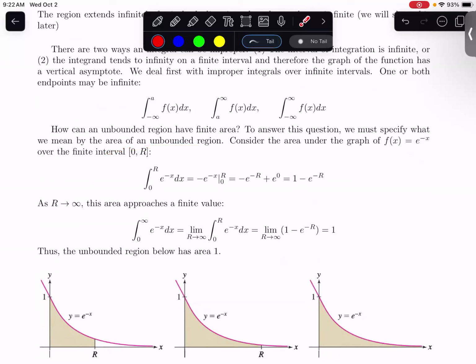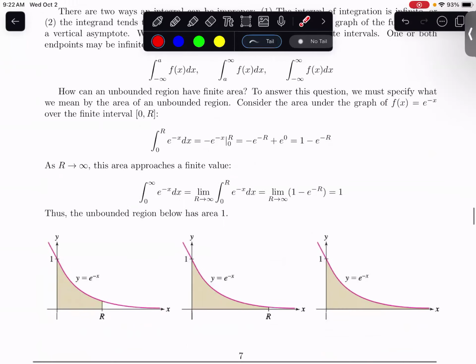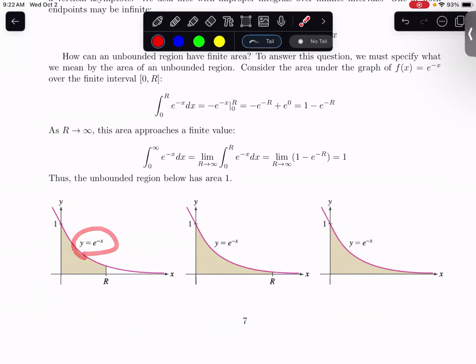So we'll look at f of x equal to e to the minus x. So that's graphed at the bottom of this page. So this is the graph of y equal to e to the minus x. And so this shaded region is the integral from 0 to r of e to the minus x.